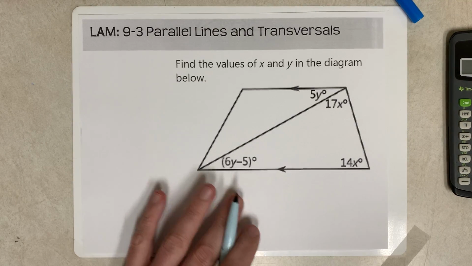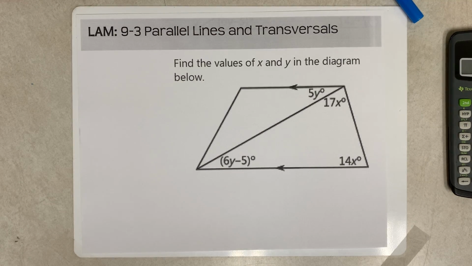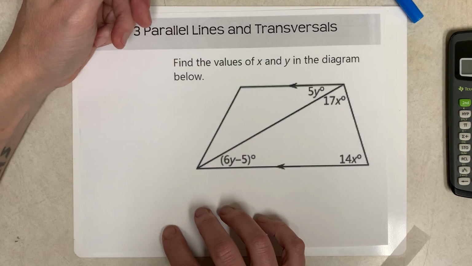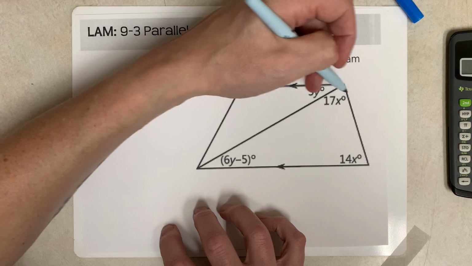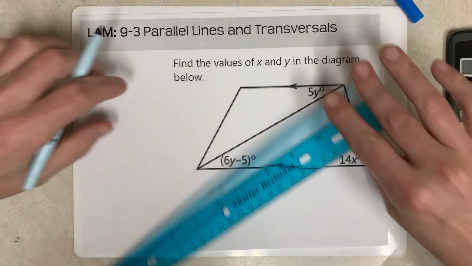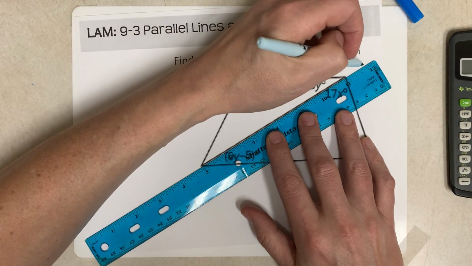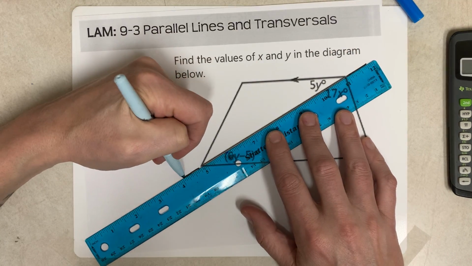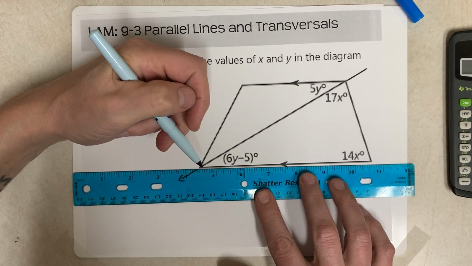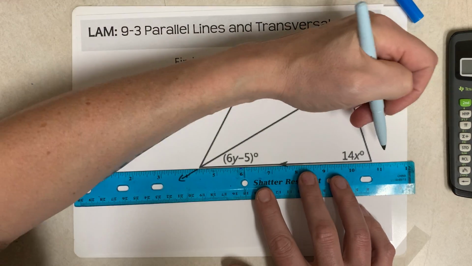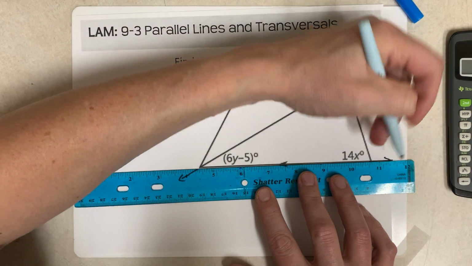Okay, here we have another one, another trapezoid. This time, let's take this transversal and extend it a little bit. Sometimes this helps just to see how these angles are related.